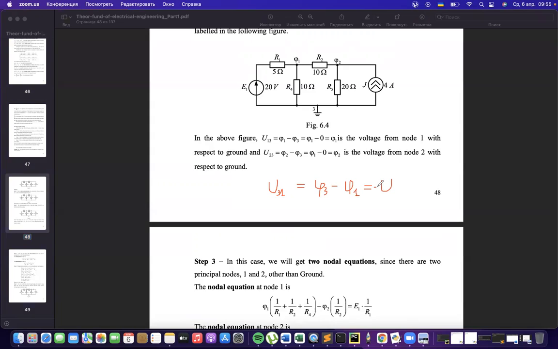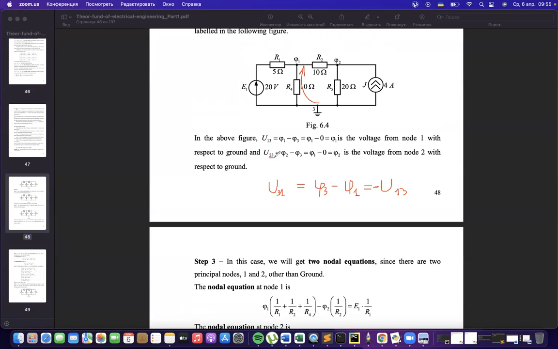And it will be the opposite value to 1, 3. And these indices identify the direction of the voltage. For example, 3, 1 is the voltage from point 3 to point 1.